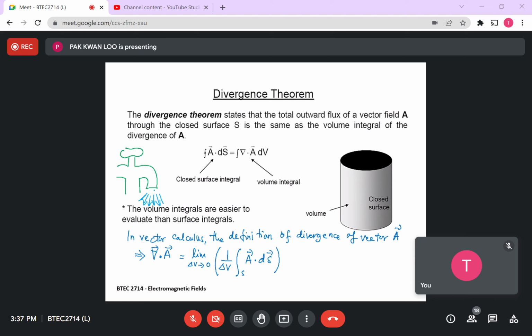So here we'll give you an idea. Let's say a narrow stream, so the divergence is not that high compared to the spread, right? So if we assume that you have a closed surface like this.